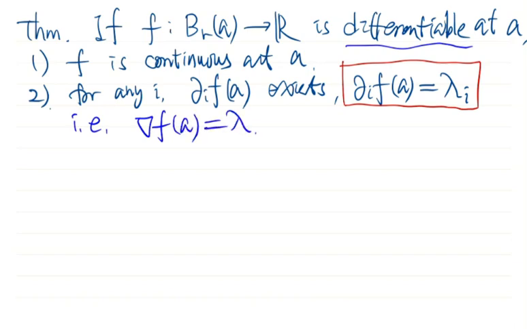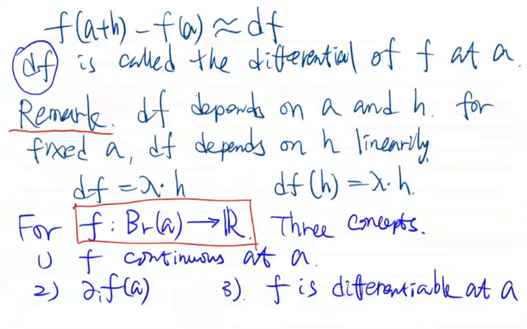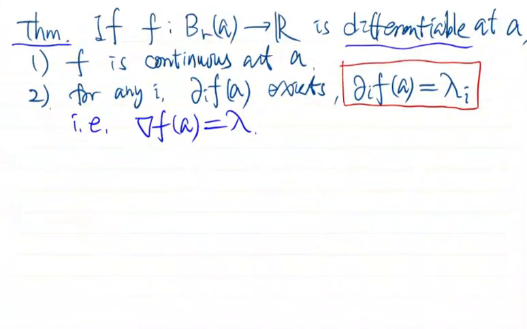This is a very important theorem about the relation of these three concepts. So differentiability is the strongest assumption because it implies the continuity and the existence of partial derivatives.